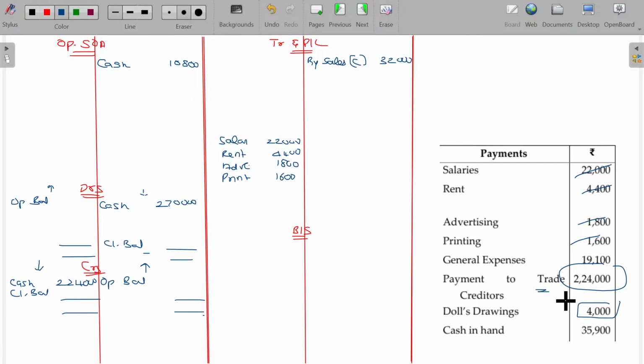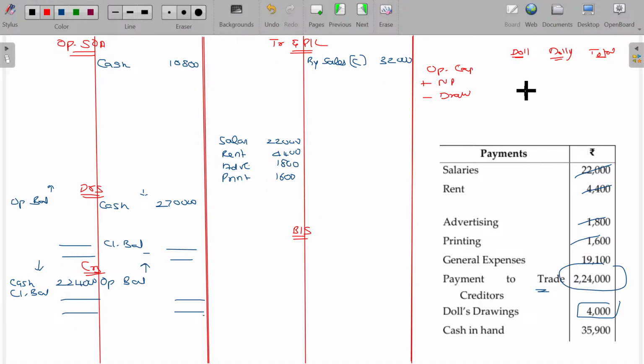Doll's drawings 4,000 rupees. In the capital account, we have two parties here, Doll and Dolly, and total: opening capital, add net profit for the year, minus drawings.